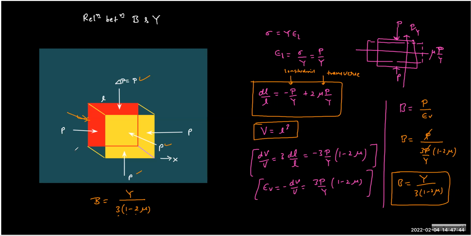There are two lateral factors, and there is only one longitudinal factor for each side, right? So only one factor is decreasing, but two factors are increasing. But the increment factor is because of the Poisson ratio. It is not exactly the same. It's 2 times mu into the longitudinal strain. Understood?